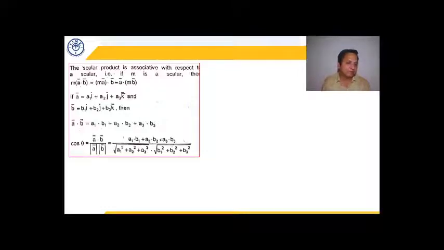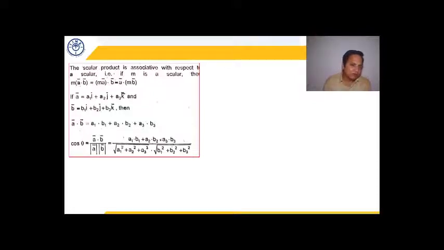That's A · B. From the previous formula, cos theta is equal to A · B upon modulus of A into modulus of B. So A · B is a1 b1 plus a2 b2 plus a3 b3, and modulus of A is under root of a1 square plus a2 square plus a3 square, and modulus of B is under root of b1 square plus b2 square plus b3 square.